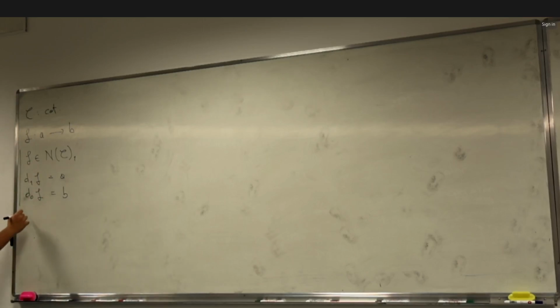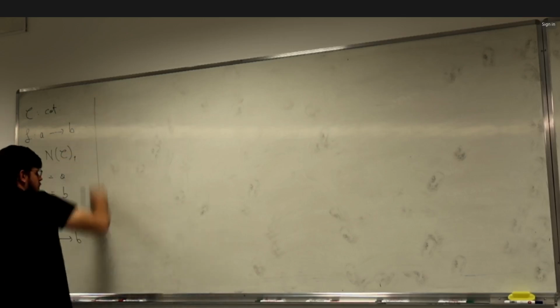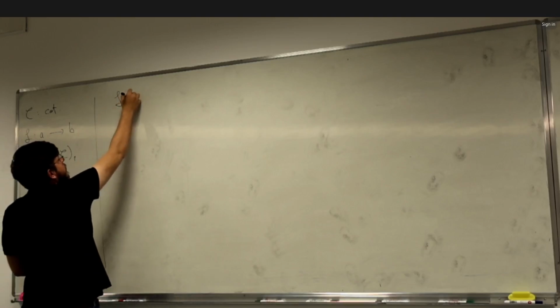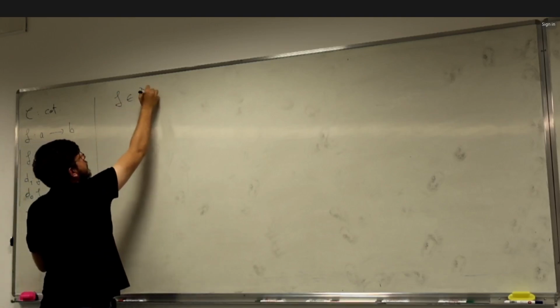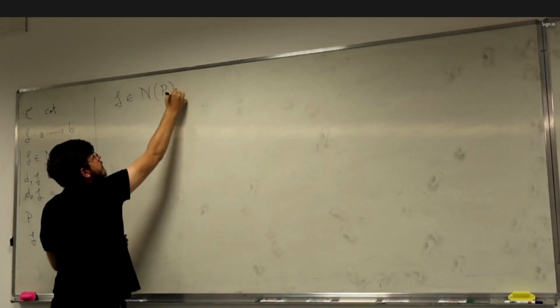Now, if I have an operad P, my morphisms are of the form A-bar to B. If I want to construct some nerve, I would like each operation to be a one-simplex somehow. How do I do that?